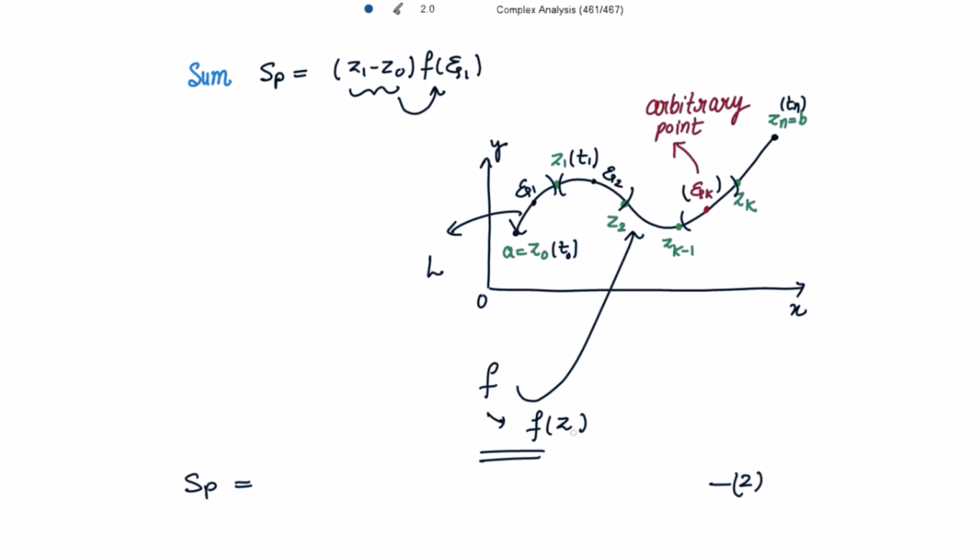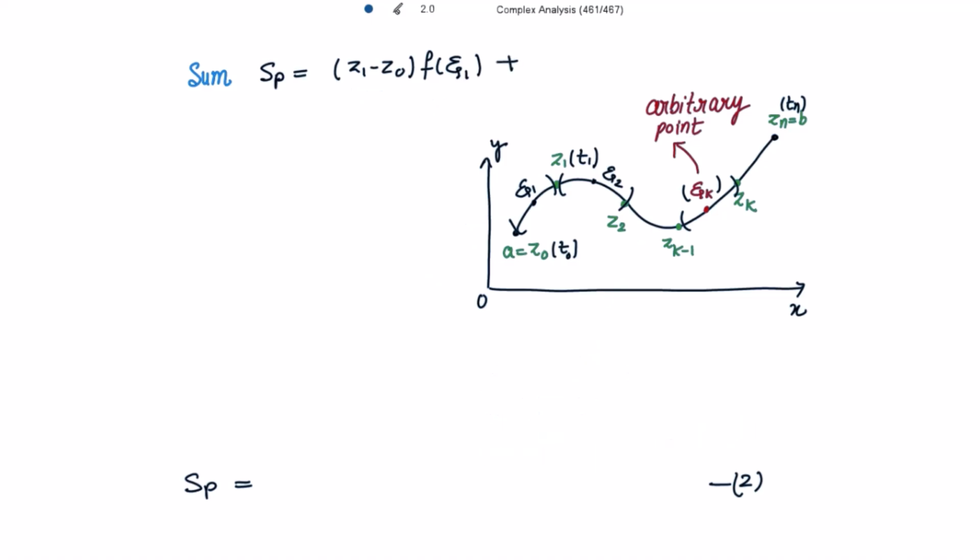And here if I take the complex variable zk, then this zk is nothing but the value of z at the point tk. And because xi k is any arbitrary point, we can represent the point zk as xi k. You can give any value to xi k.